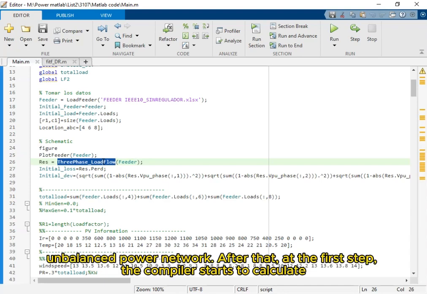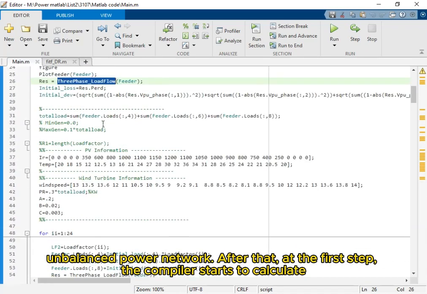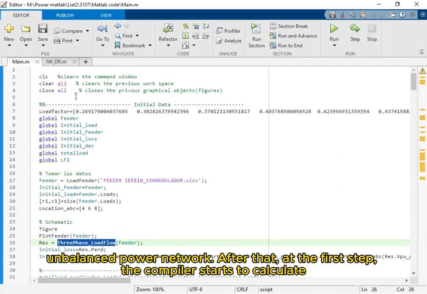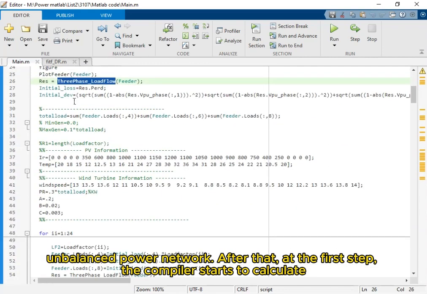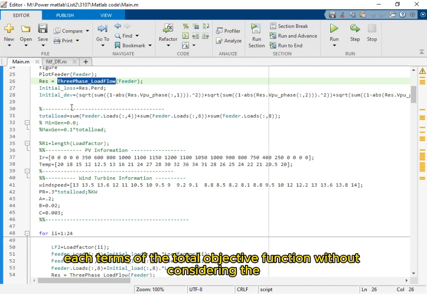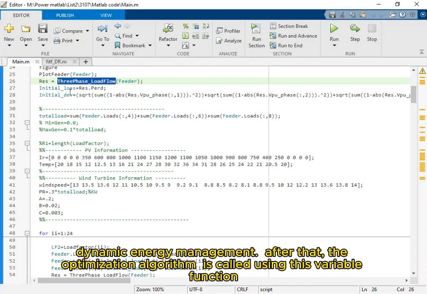After that, at the first step, the compiler starts to calculate each term of the total objective function without considering dynamic energy management.